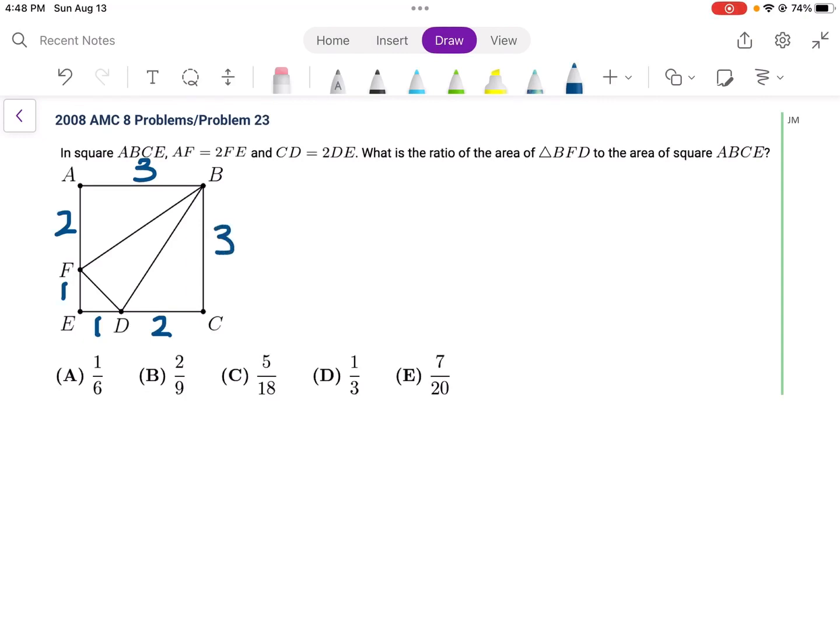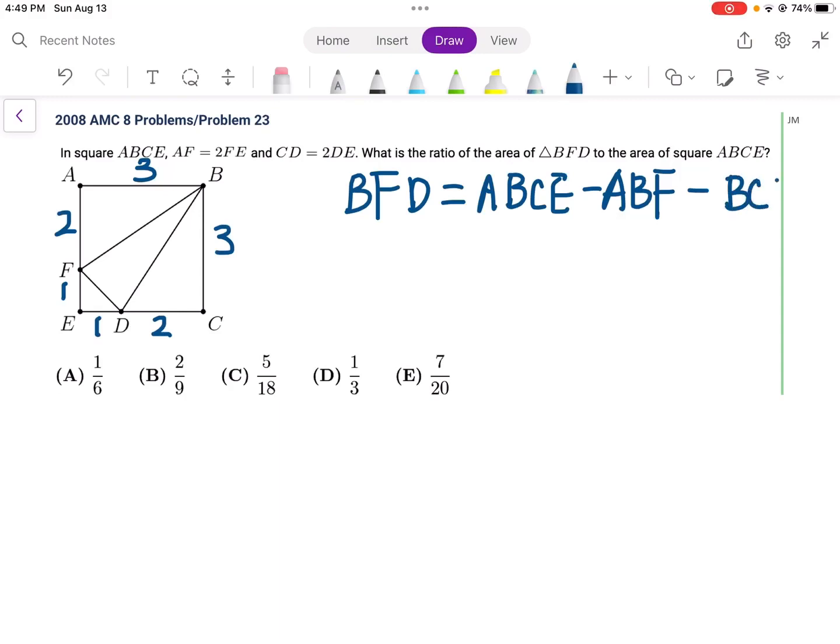Now, to calculate the area of BFD, it equals the square ABCE subtract the triangle ABF, subtract triangle BCD, and subtract triangle DEF.